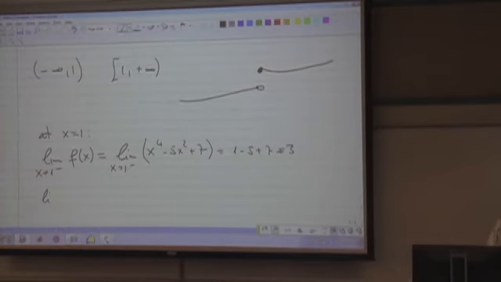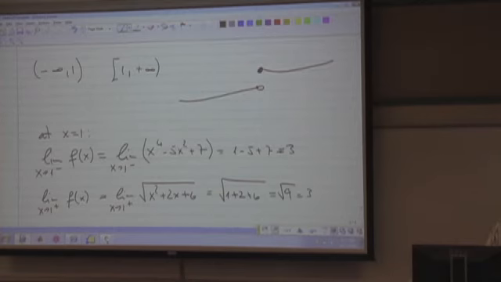And we need to look at the limit as x goes to 1 plus of f of x, which is the limit as x goes to 1 plus of the square root of x squared plus 2x plus 6, which is the square root of 1 plus 2 plus 6, which is the square root of 9, which ends up being equal to 3.